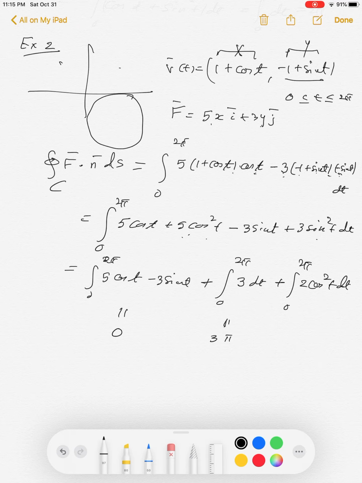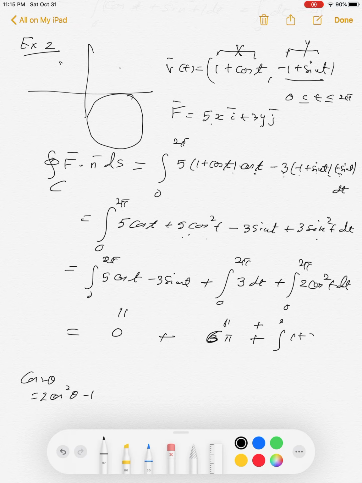And then we want to integrate 2 cos square t. Well, you use the double angle formula to integrate that. So this is going to be 0 plus 3 times 2 pi, which is 6 pi.